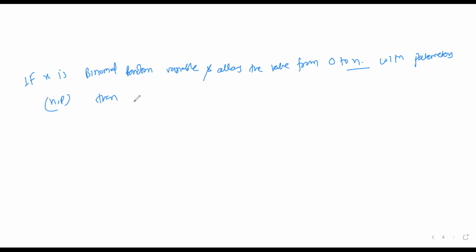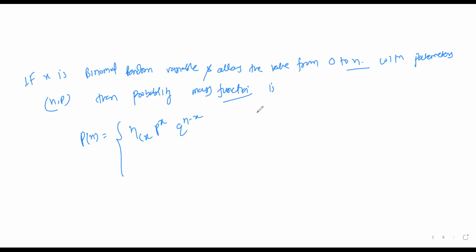Then the probability mass function, because it comes under the discrete random variable, is given as p of x equal to nCx p raised to x, q raised to n minus x, where x varies from 0 to n, and p plus q must be equal to 1, where q is equal to 1 minus p.